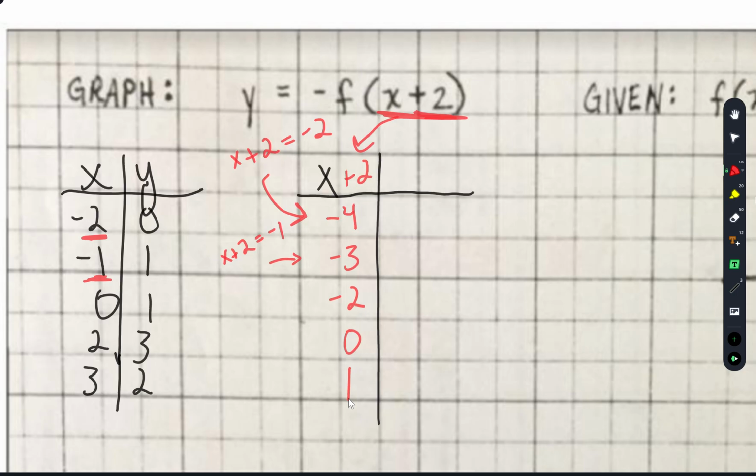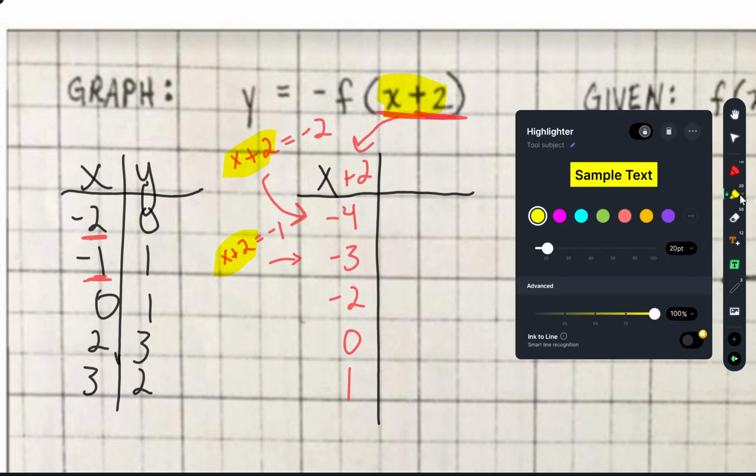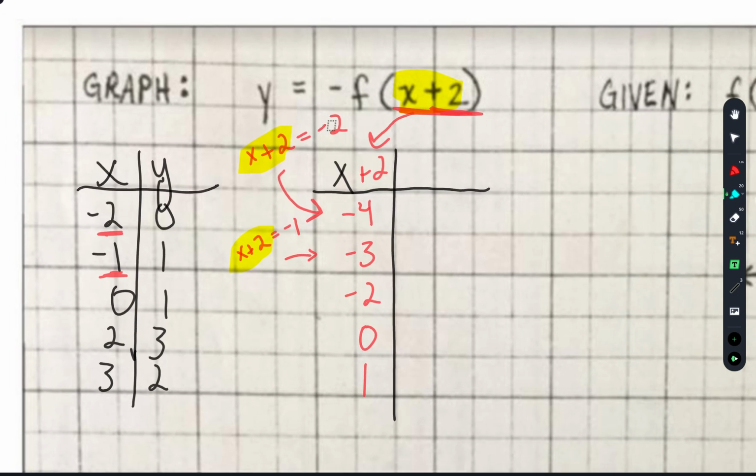So that's whatever's in this parenthesis. That's what you're setting equal to that other X. I don't know if this is now too many colors, but that's where this came from. Okay, that's how you would solve it. So if you had a crazier one, you would just set it equal to the original X, okay?